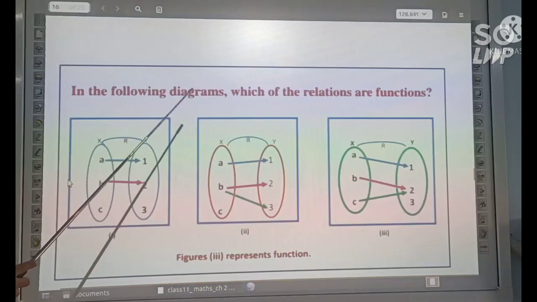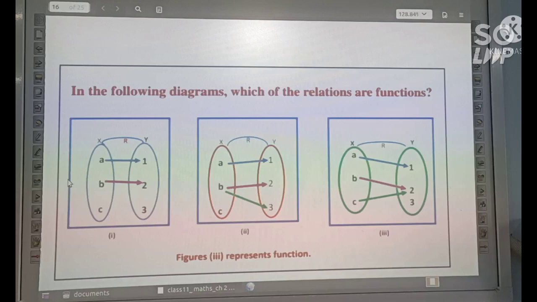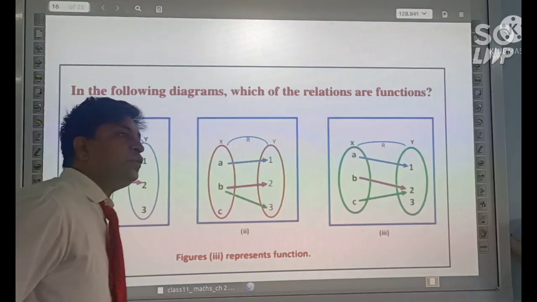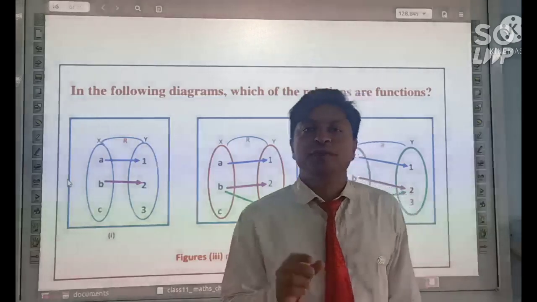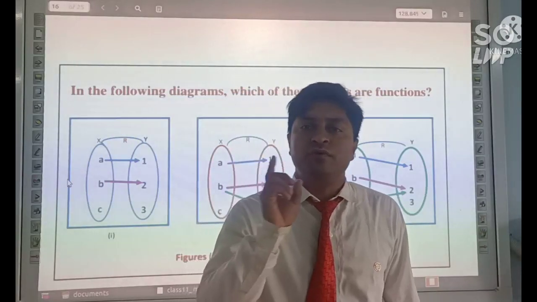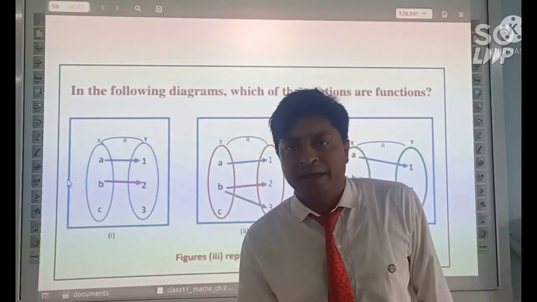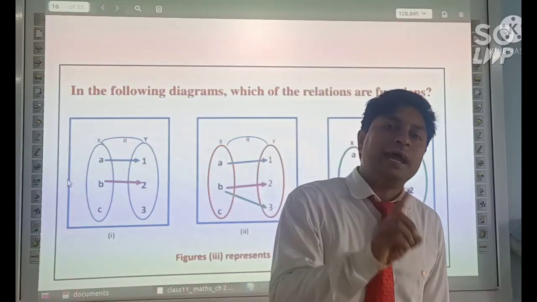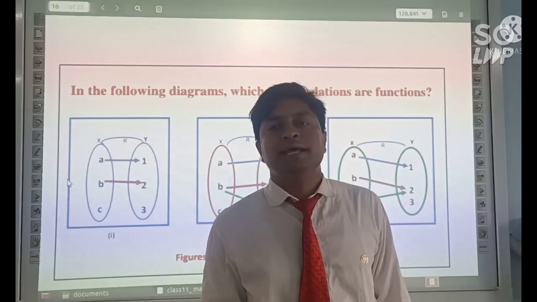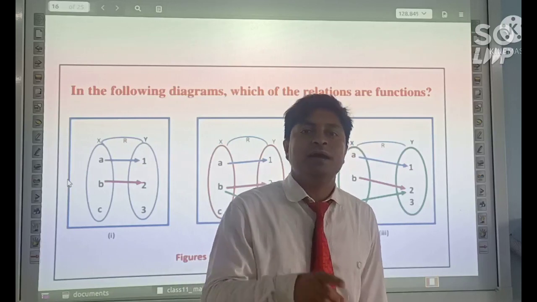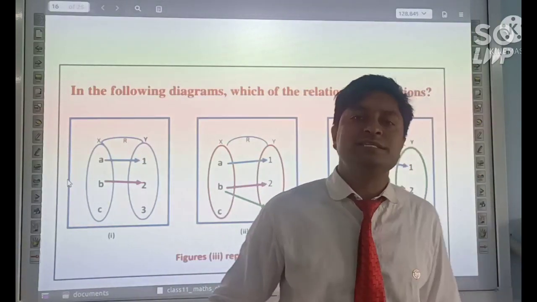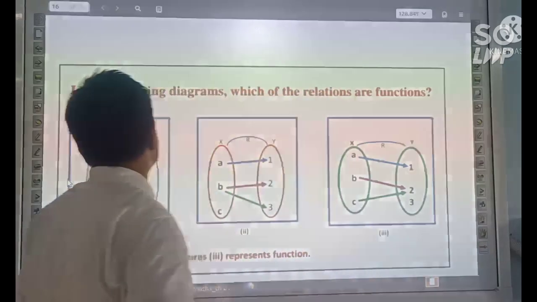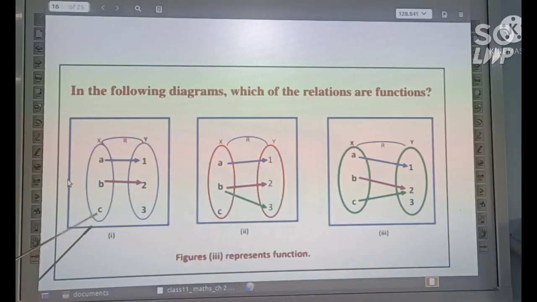In the following diagram, which of the relations are functions? We know that in a relation we use ordered pairs. If it is in the form of one-one, many-one and one-many, then for the many-one and one-many, this is not a function. For the one-one, this is the function. So this is the domain and this is the codomain.